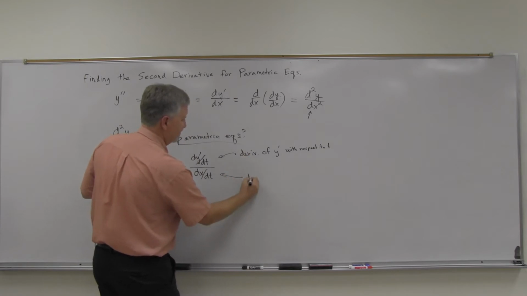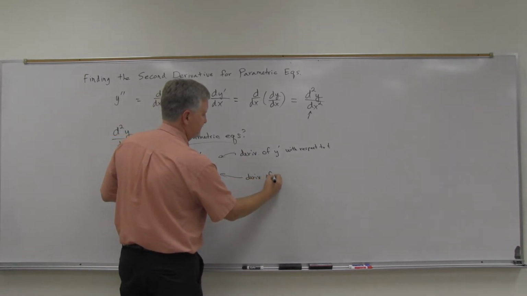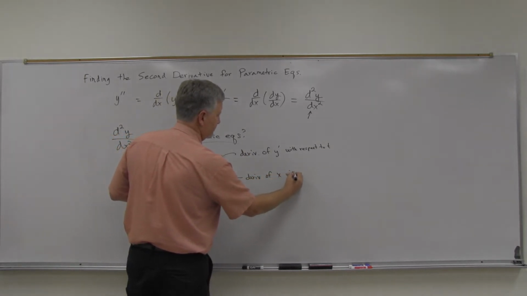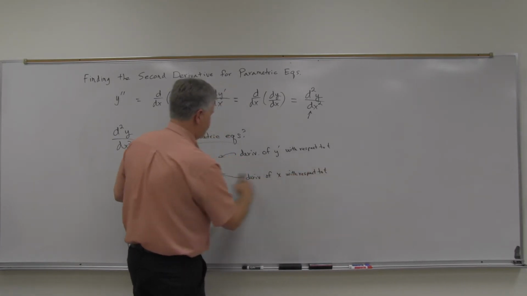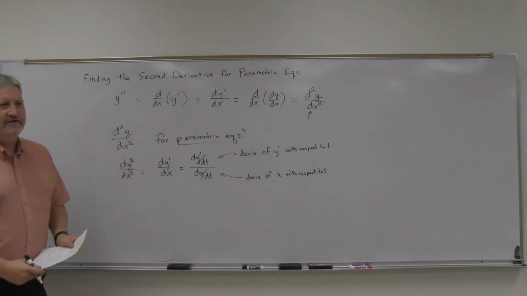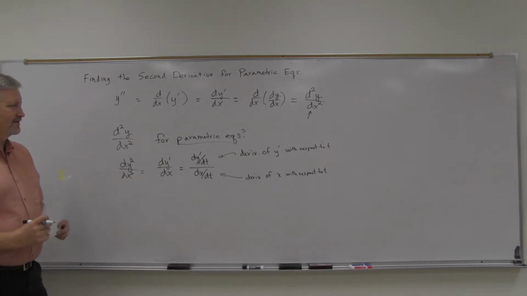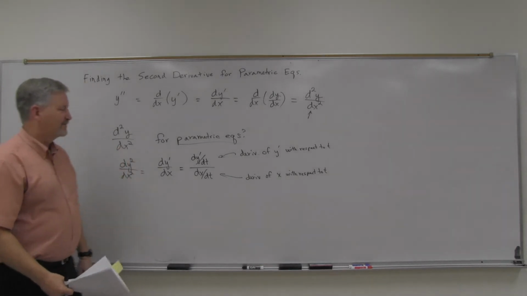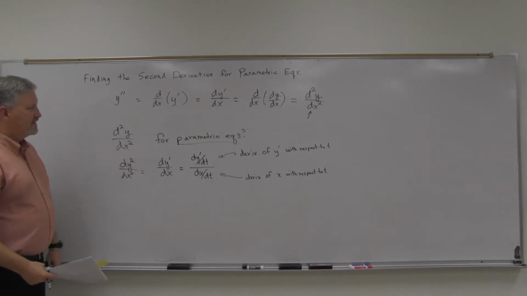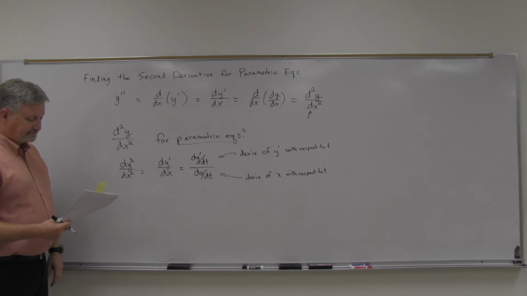But this is the derivative of x with respect to t. And that's where the hard to remember or hard to do part comes in. I mean, it's not hard to do, it's just hard to remember to do it maybe, but that's how you do it.